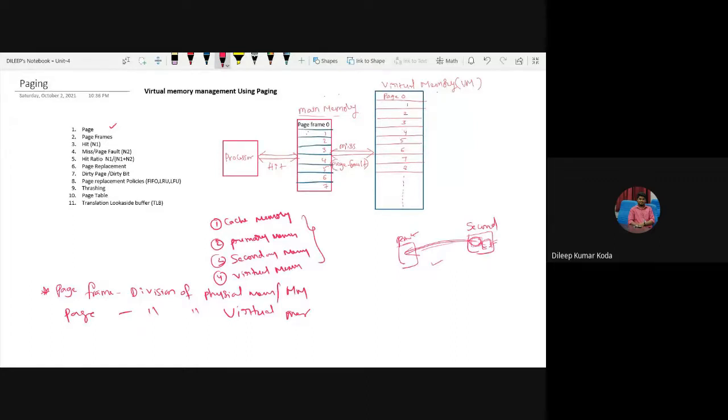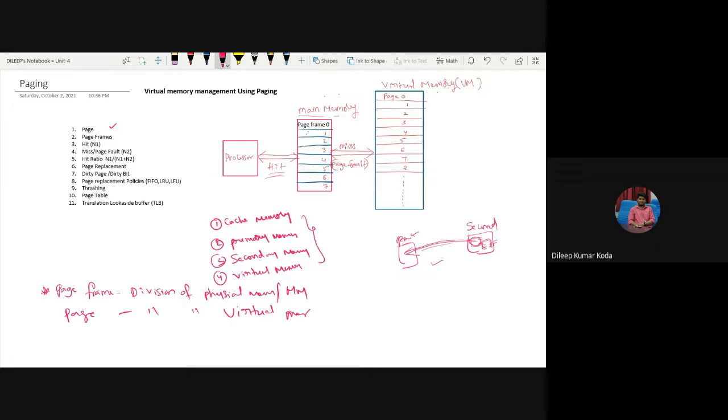If the song is available in the main memory, in any of these pages, then it's said to be a hit. Whenever the processor searches for something, if the file is found in the main memory, the result is said to be a hit.